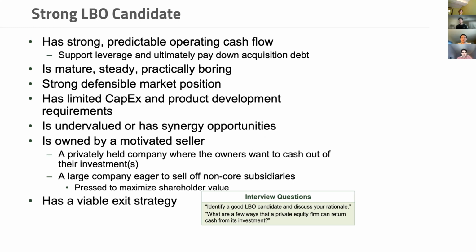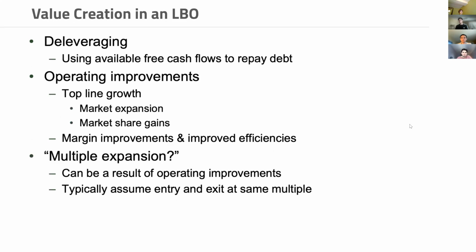So if you go to the next slide, we think about value creation, right? I mentioned just a couple there, but paying down the debt, operating improvements, right? Increasing their market share, growing the company's margins, right?